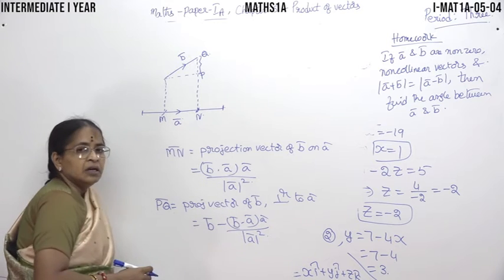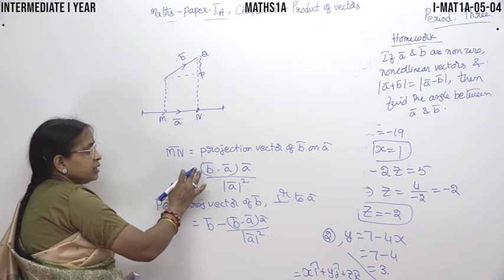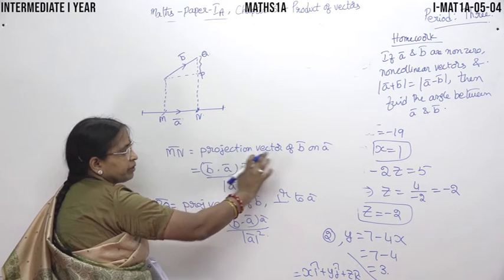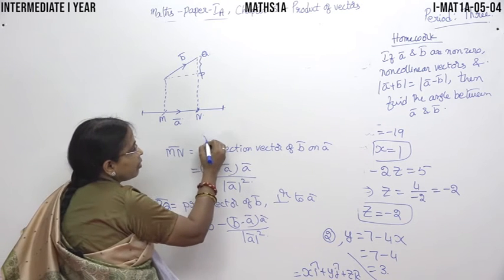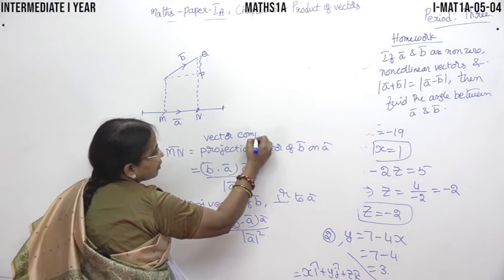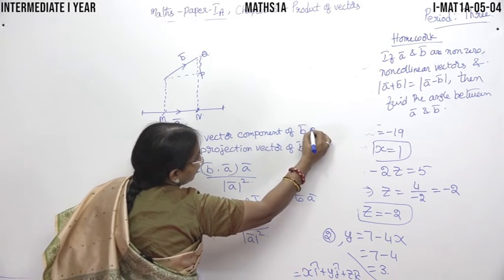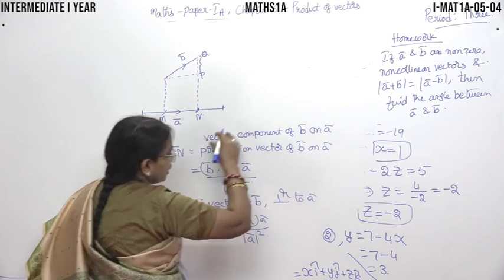So this is also called the vector component of B on A. So you can learn this formula.